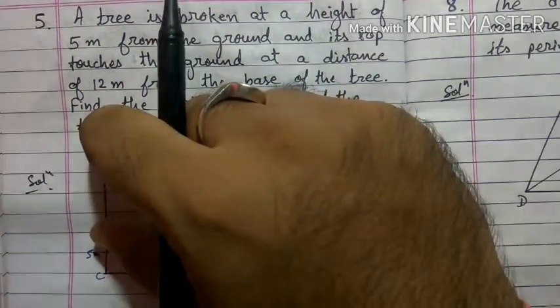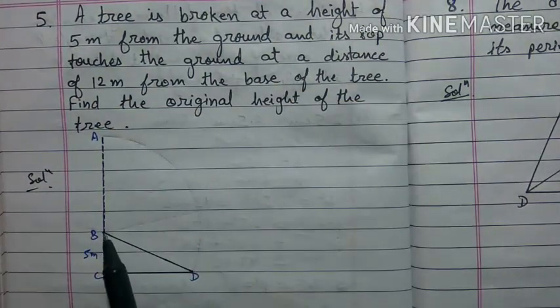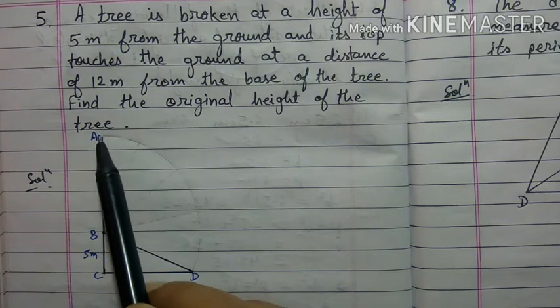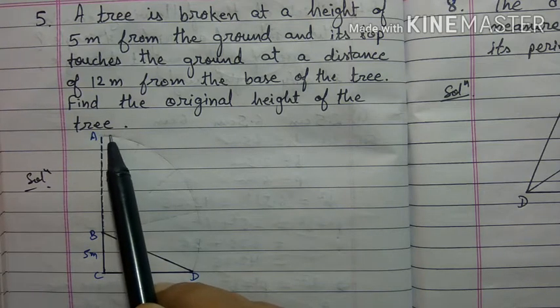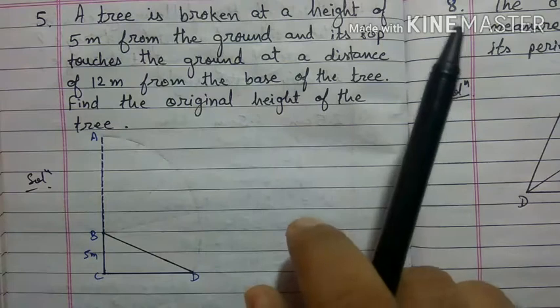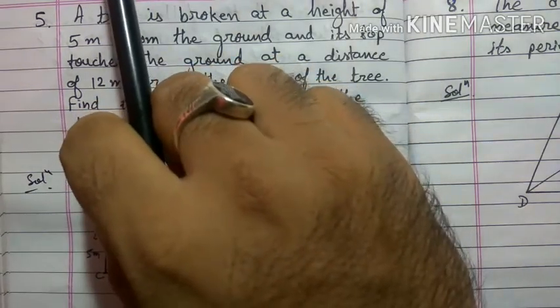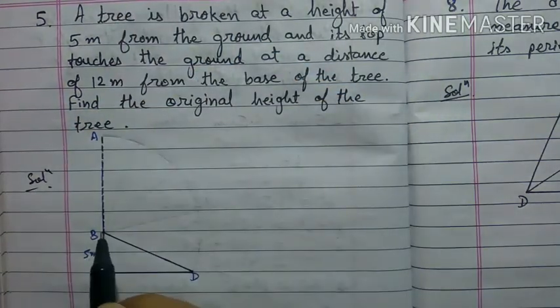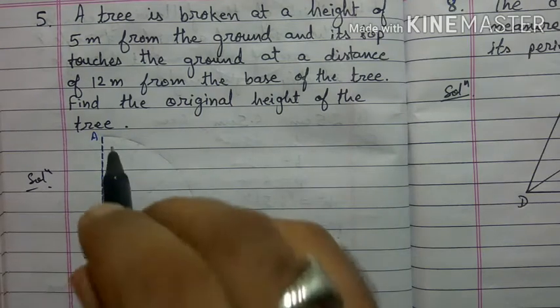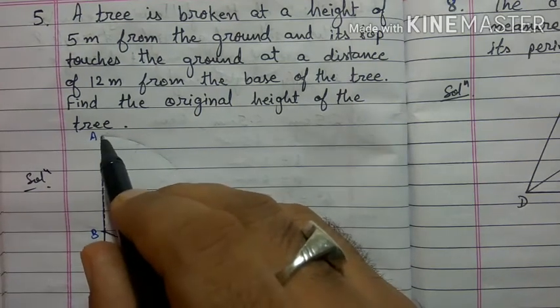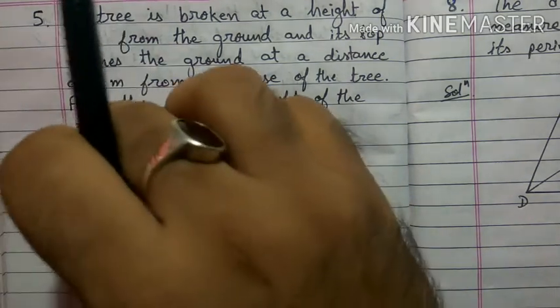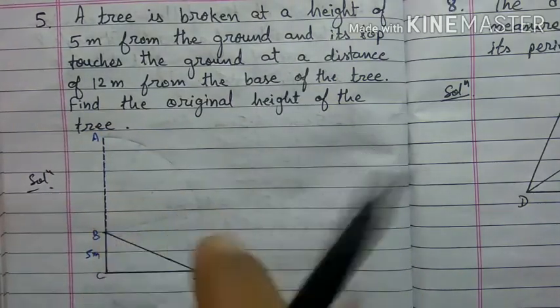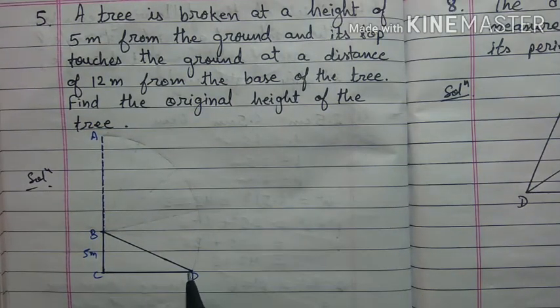The tree did not break completely; it is broken from point B, and the top of the tree moves like this way and collapses here and touches the ground at point D.